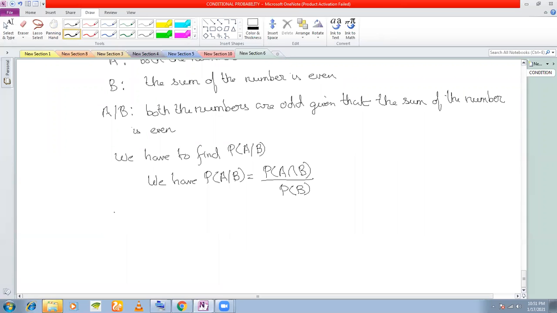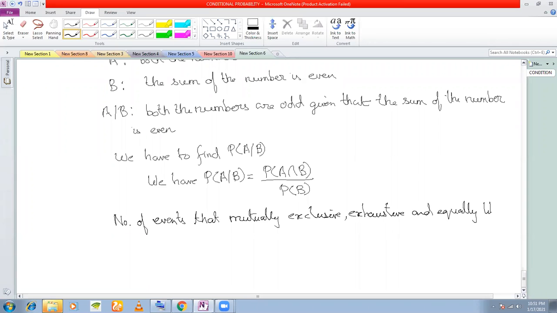the sample space has 11 numbers. You are choosing two numbers. There will be many events in the sample space. So the number of events that are mutually exclusive, exhaustive, and equally likely: how many?